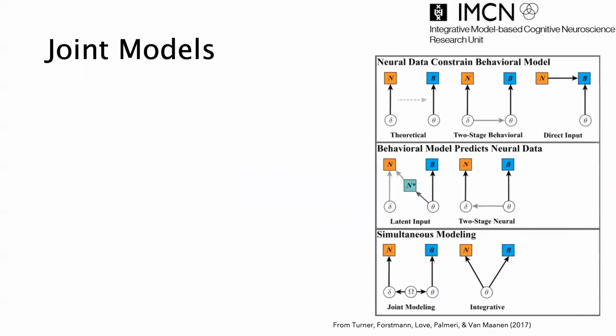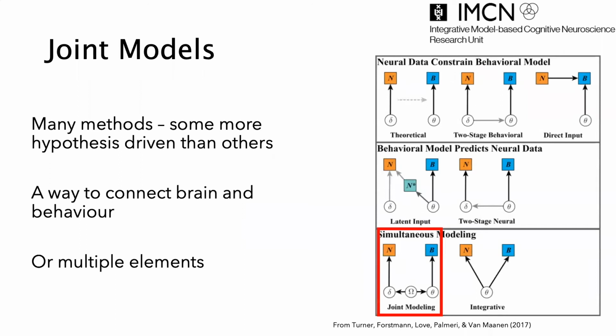Here though, we focus on joint models with a covariance linking function, which don't rely as heavily on explicit hypotheses or complicated linking functions. For joint models, we aim to simultaneously model multiple modes of data as a way of connecting elements across modes. For example, we might have 3 behavioral tasks collected for each individual, or data from behavior and neural measures, and we want to combine the models of these different modes.